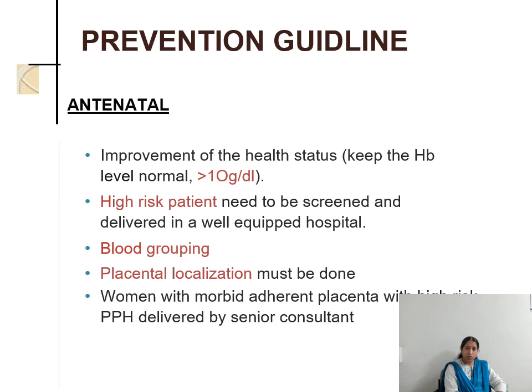So placental localization must be done beforehand with ultrasound because APH is one of the causes for PPH. Whenever there is a morbidly adherent placenta, we have to see that it is done systematically and according to the protocol. Because if the adherent placenta is not dealt with in a higher center, maternal death might occur.